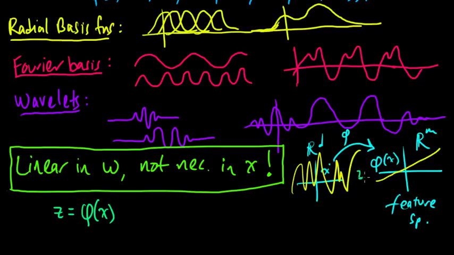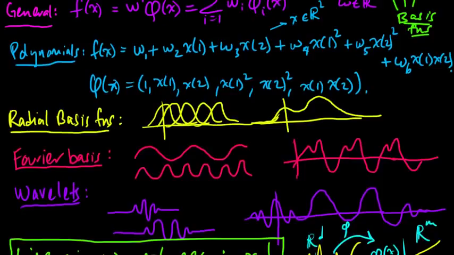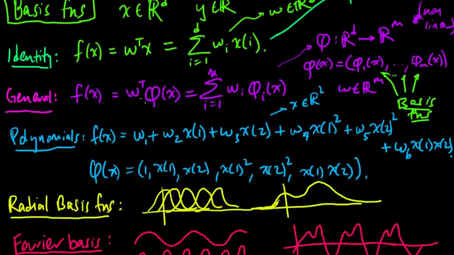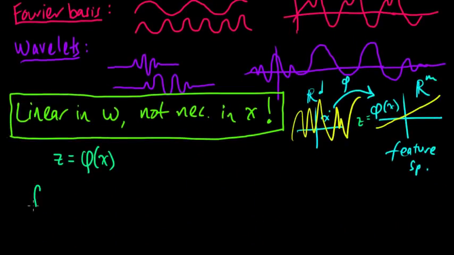So z is this thing over here, and then our function is this dot product with w. So f of x, I haven't really talked about where this comes from, but we'll get to that a little bit later. If we just plug this in, it's of course just the dot product with z.